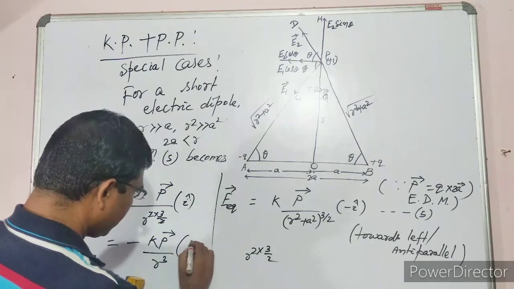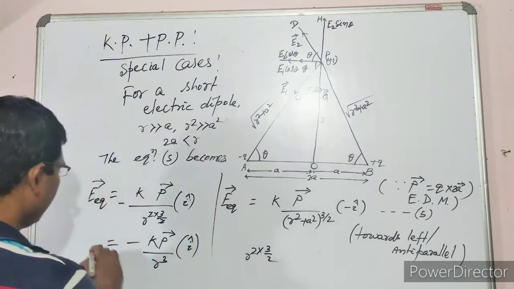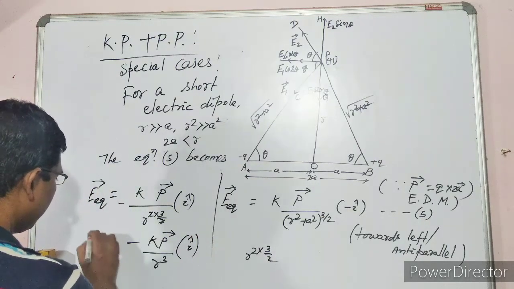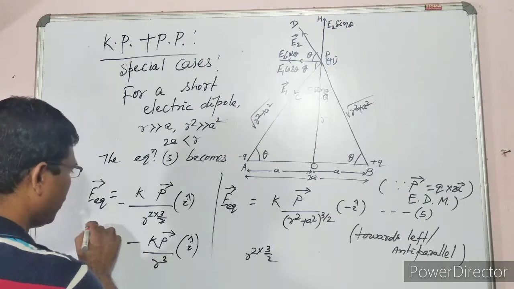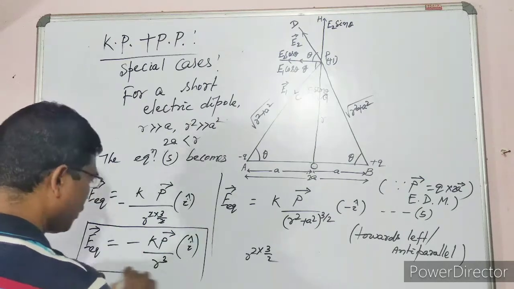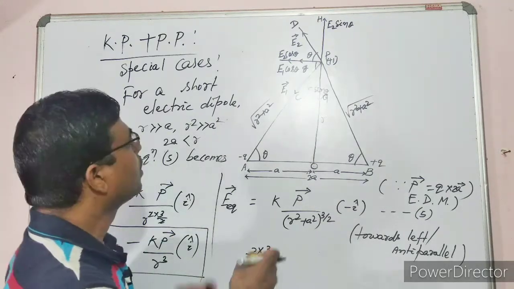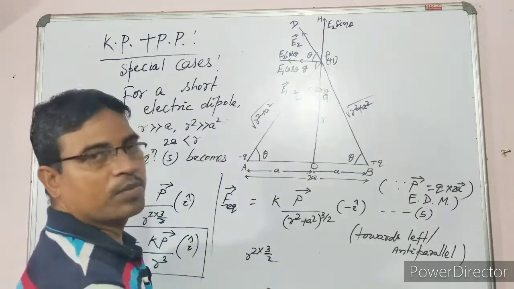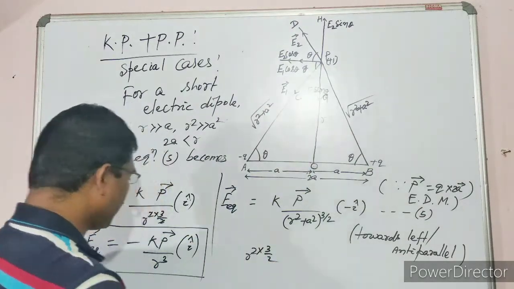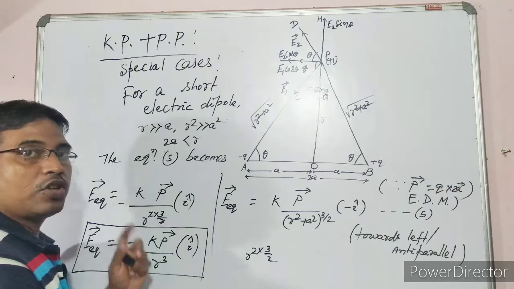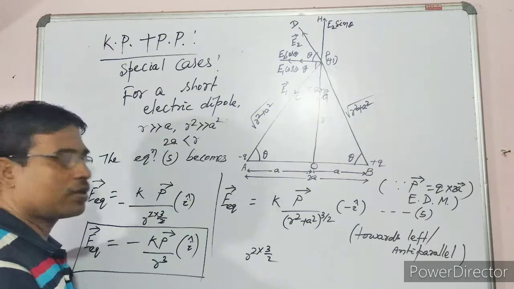No, sir. It is the equation for a short electric dipole when you are calculating the electric field intensity on an equatorial line. Clear? So just recall the last video where we discussed that.